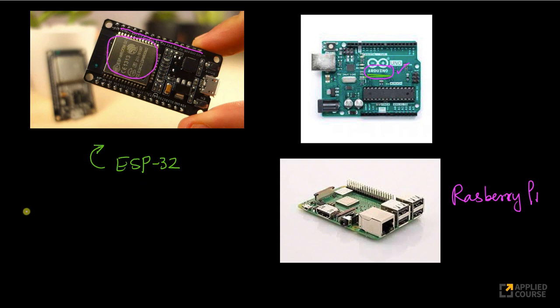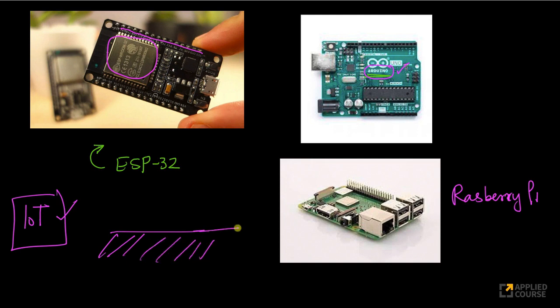If you ever want to build an IoT application, for example, imagine you want to place a small chip in your garden or on a farm. Let's assume this is my farm, and this is my ground level.